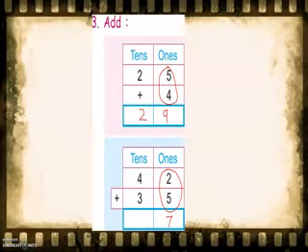Now we have to add the tens place digits, 4 and 3. 4 plus 3 is, yes, 7. So the answer is 77. This is how we can add two numbers. First you add the ones place digits. Then you add the tens place digits.